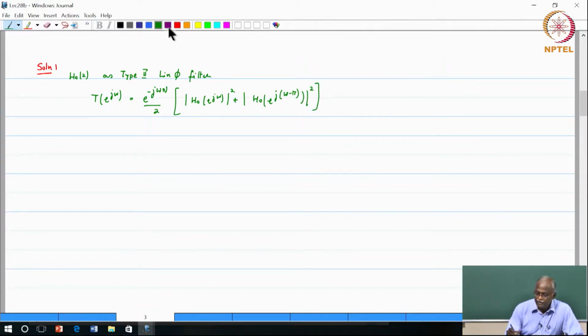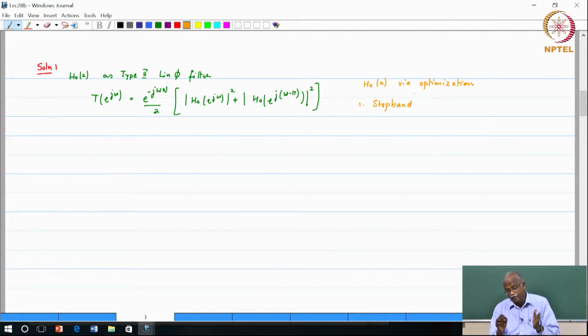Now how did we design H0? We said we would design H0 via optimization, and it will have 2 parts that you will try to optimize. The first one is stop band attenuation, because for all filters, if you want to have a good filter, typically you would have to have a passband criterion as well, but in this case we said the passband criterion need not be optimized separately, we will impose a flatness constraint on Te of j omega.